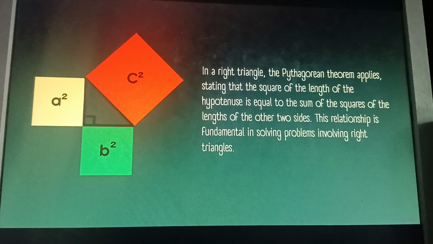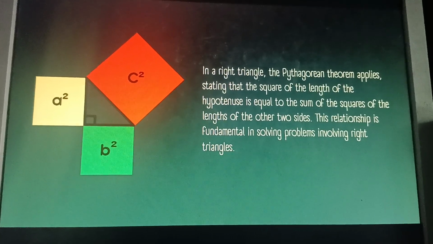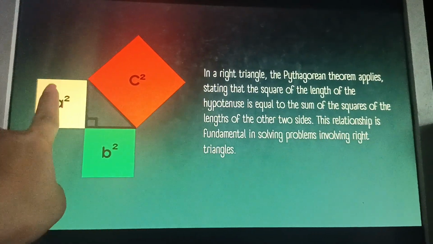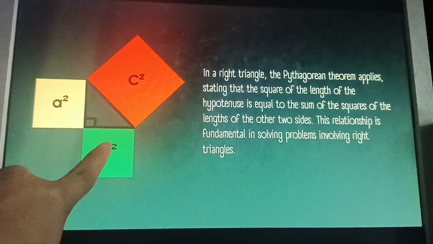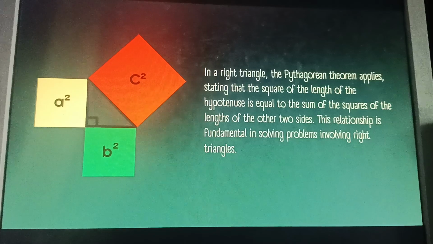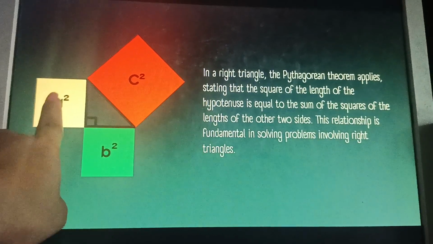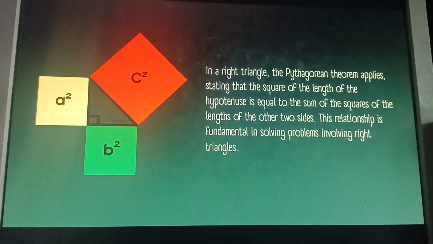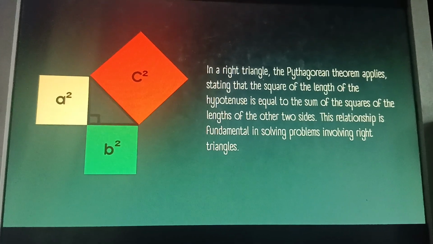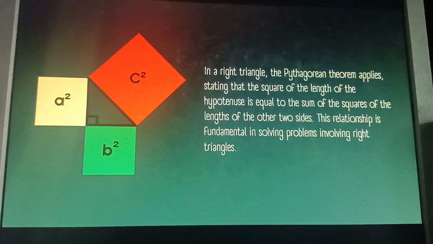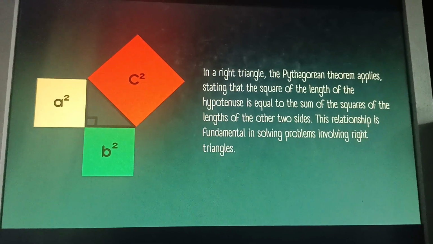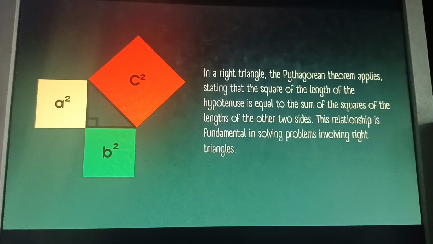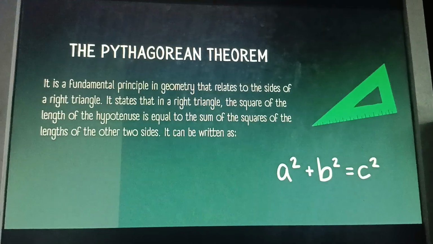It states that the square of the length of the hypotenuse is equal to the sum of the squares of the lengths of the two legs. This relationship is fundamental in solving problems involving right triangles. We can use the Pythagorean theorem if and only if that triangle is a right triangle.